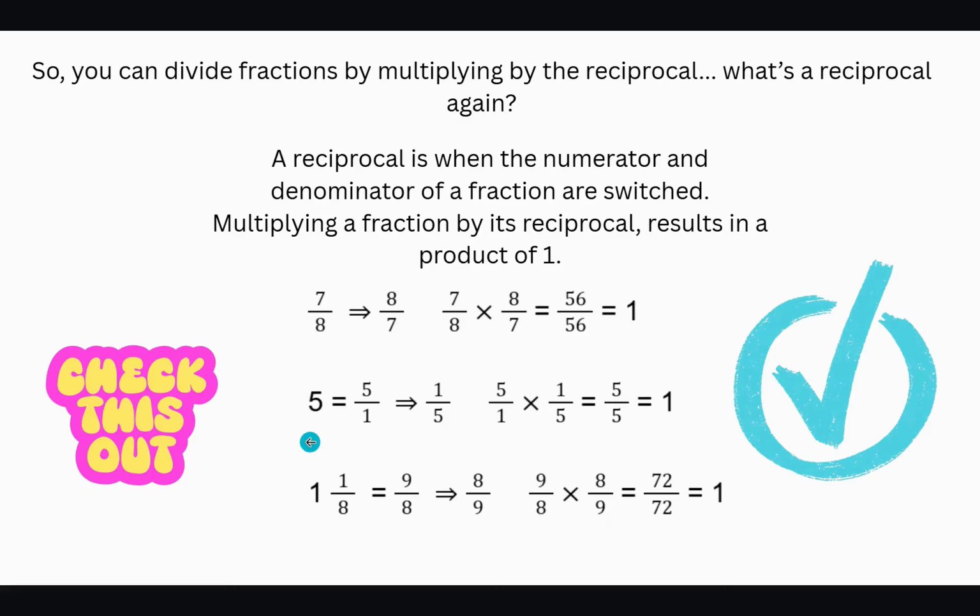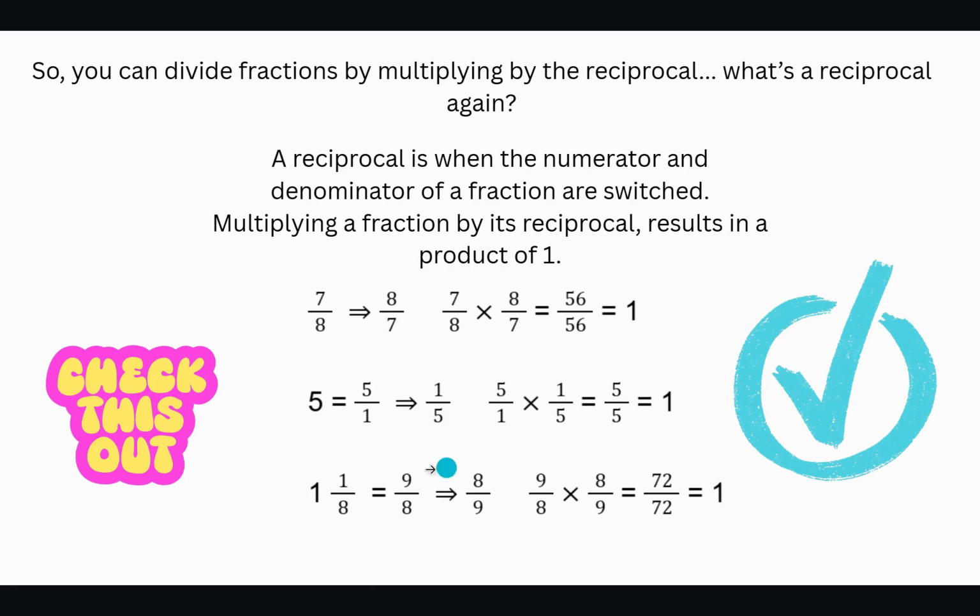If you start out with a whole number, remember that a whole number can be rewritten as a fraction by putting it over 1. So 5 is the same as 5 out of 1, and its reciprocal is 1 over 5. And again, you can see that play out where you end up with a whole item.